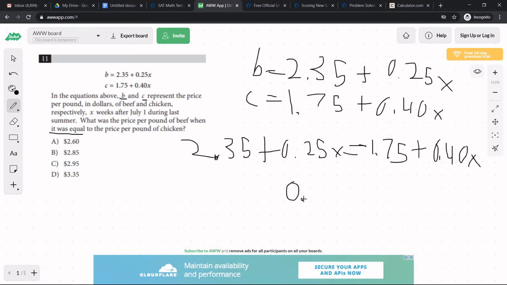You get 0.6. Again, 2.35 minus 1.75. And then we're subtracting 0.25x from both sides. So we get 0.15x. And now all we have to do is divide 0.6 by 0.15.